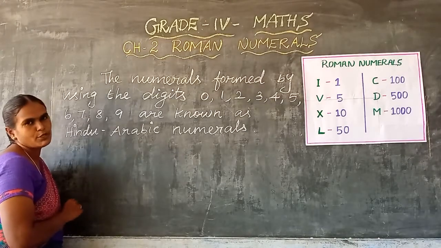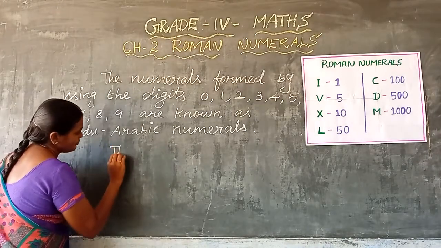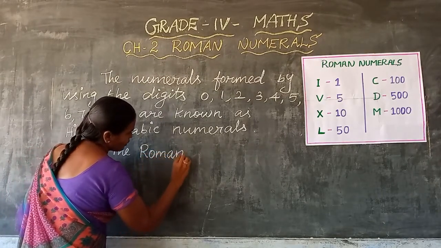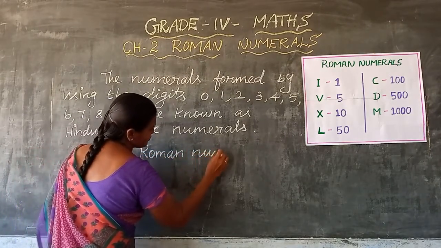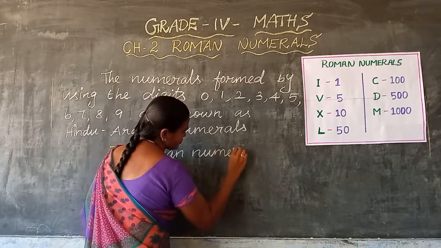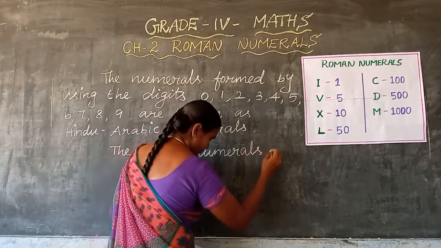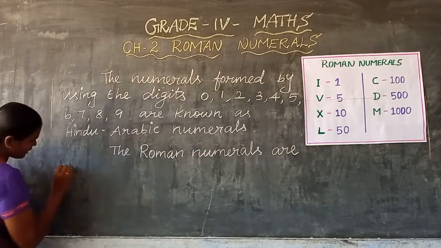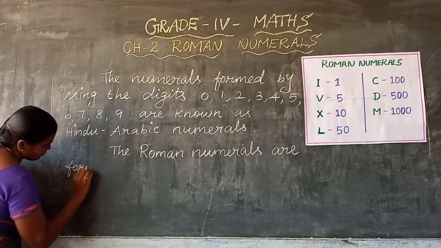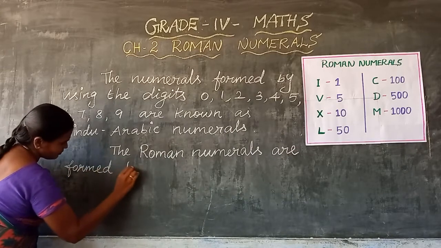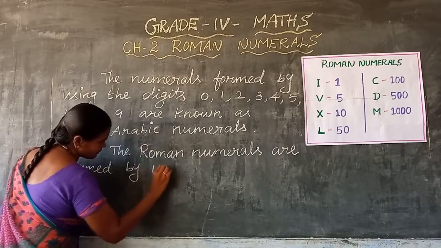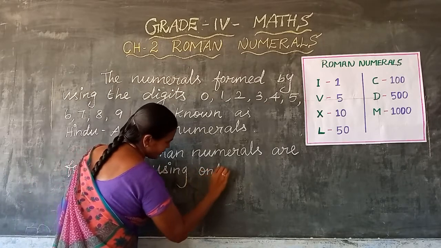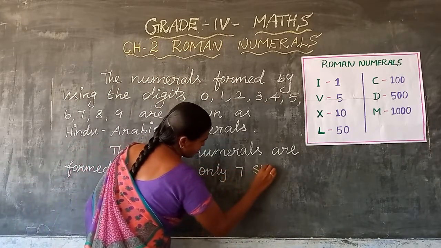Next, Roman numerals. The Roman numerals are formed by using only 7 symbols.